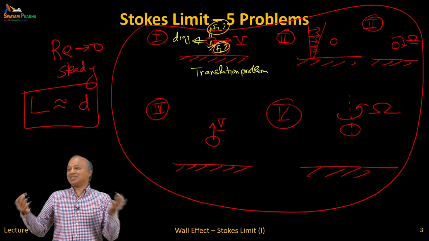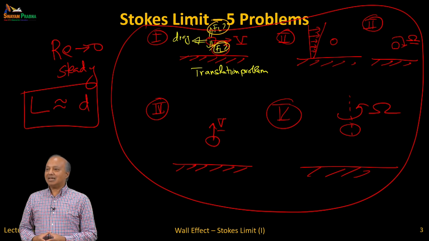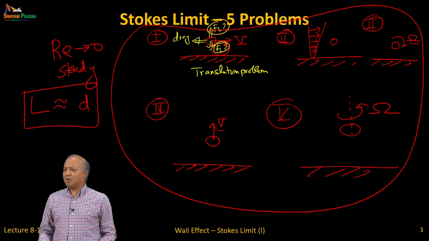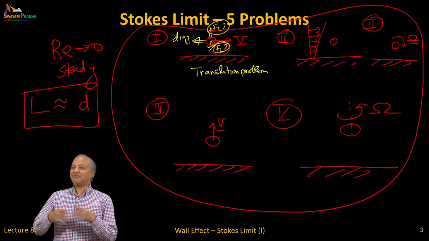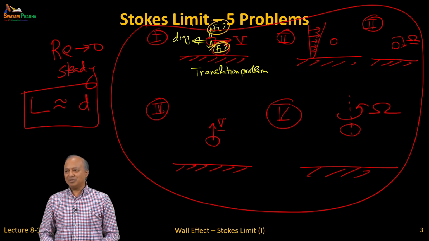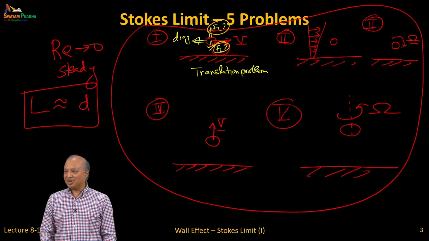The strategy that I find very convenient is that in these limits, people have so much understanding. Let's first learn what they have done, because once you go to finite Reynolds number, there is no theory. You have only correlations.